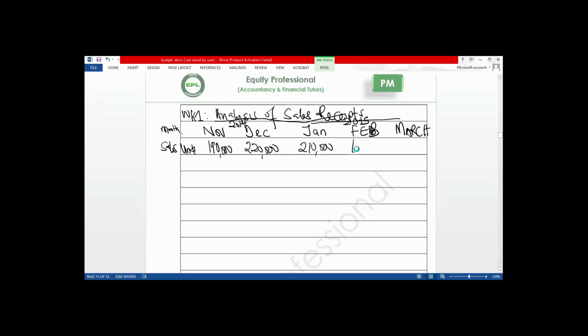For February, 180. Now, selling price per unit. The selling price is 18 naira for each month.